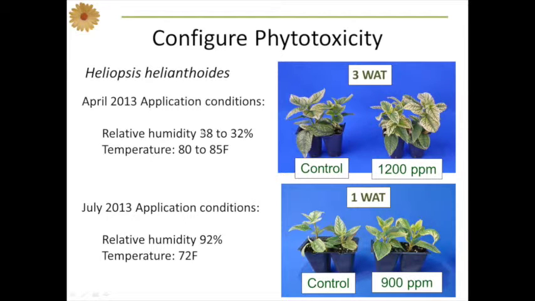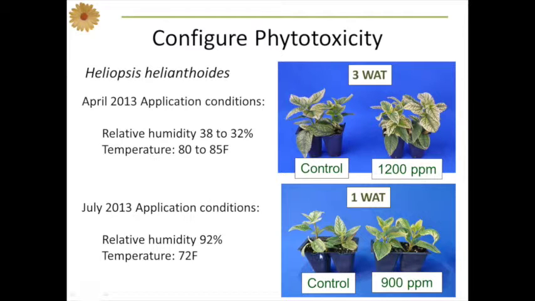So you can plan on that. If you can plan on the time and the conditions that you're going to make your application under and get the absorption time that you're looking for, that's excellent. If you can't, then I would just recommend you avoid the extremes so that you can get some predictability of your activity and your risk for phyto.